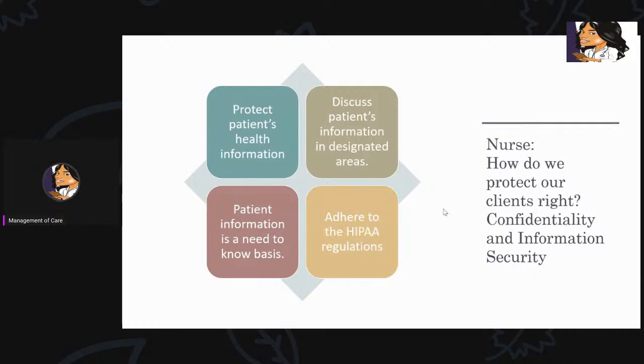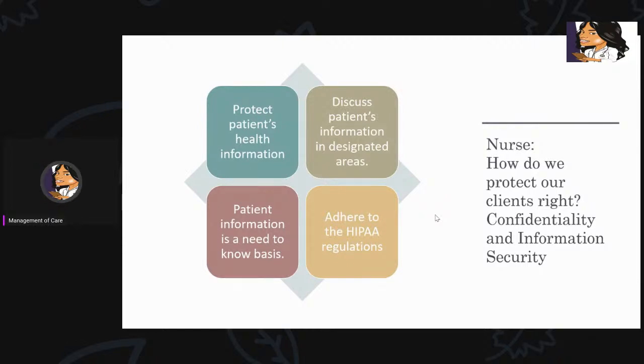So, confidentiality and information security. This is very important. We have to protect the patient's health information. We have to discuss patient information in designated areas. Remember, patient information is on a need-to-know basis. So if a nurse comes from another floor to ask about this patient, is she involved in the patient's care?